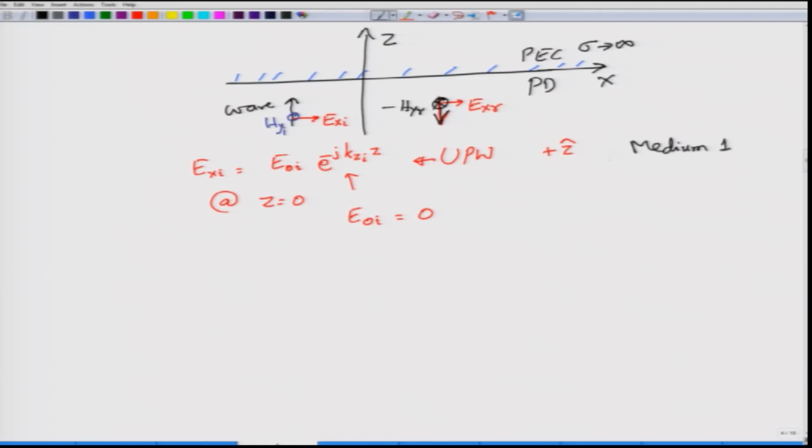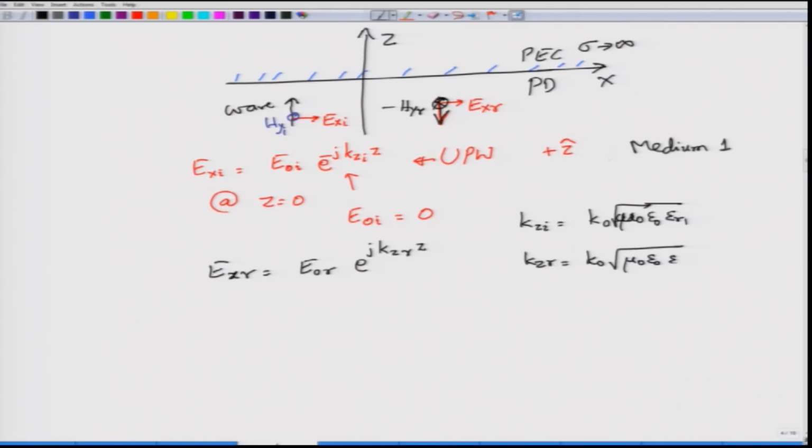So, I will have minus H_yR. E_xR is given by E_0R, which is the amplitude of the reflected field, but this is propagating in the other direction, the minus z direction. So, I have e to the power j k_zR times z, where k_zI is equal to the free space k_0 times square root of mu_0 epsilon_R1, and similarly k_zR will also be equal to k_0 times square root of mu_0 epsilon_R1, because these two are in the same medium. So, k depends only on the medium properties, not the direction of propagation.